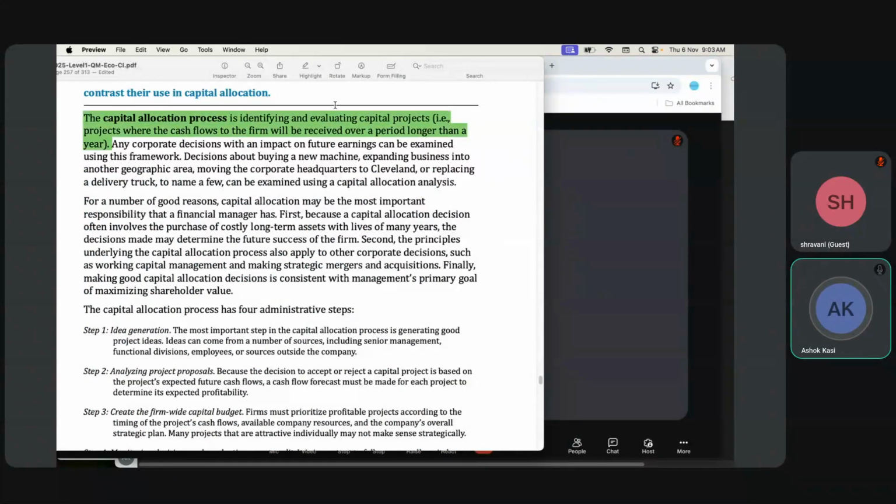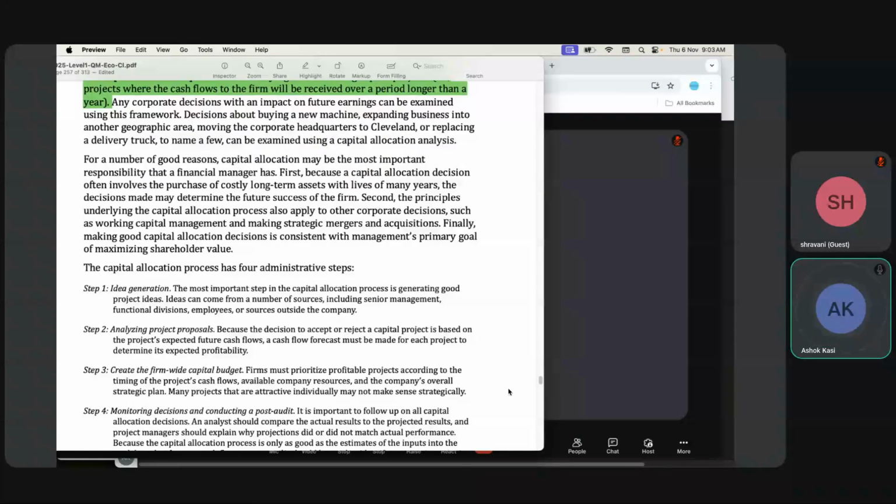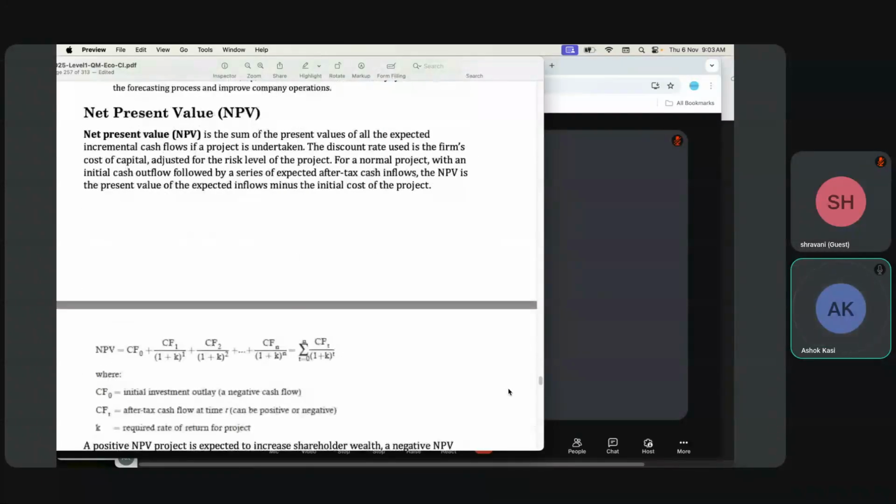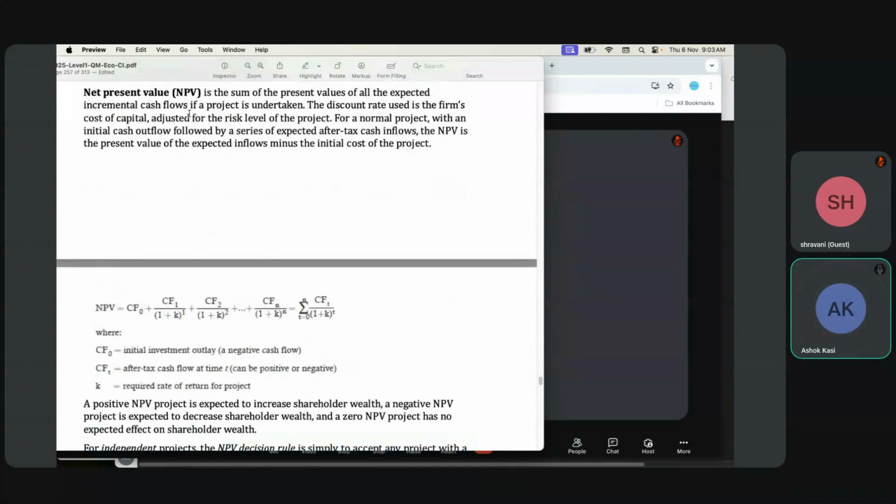Okay, because you will have multiple projects. Then, yeah, net present value. Okay, this is an important one. This definition is also an important one.